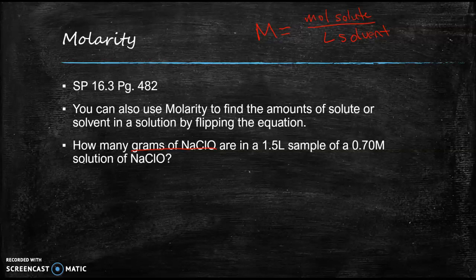Plugging in the things we know, we have a 0.70 molar solution NaClO, which is equal to an unknown mole of our solute, which is our sodium hypochlorite, over our 1.5 liters.